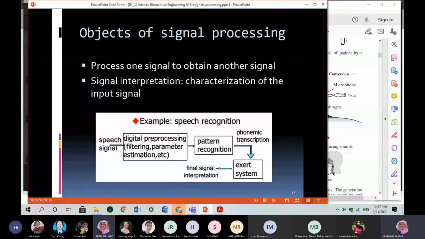And then you do pattern recognition, and then phonemic transcription and enter an expert system, and you have the final signal interpretation. So in the pattern recognition, there will be a collection of common voice patterns or common speech patterns. And from there, you can have the expert system interpret the speech signals.